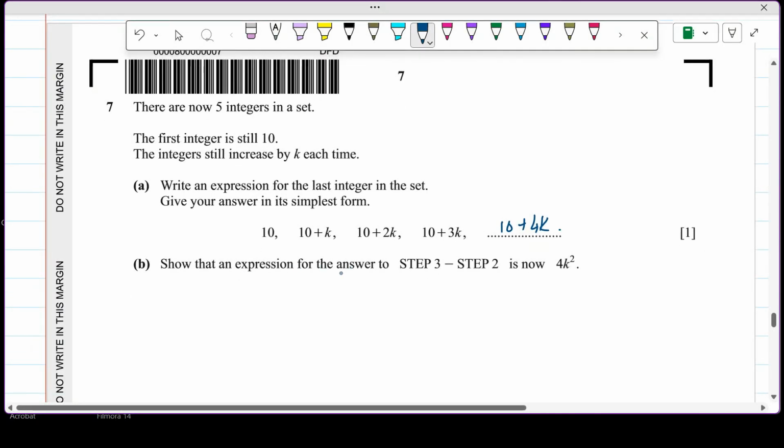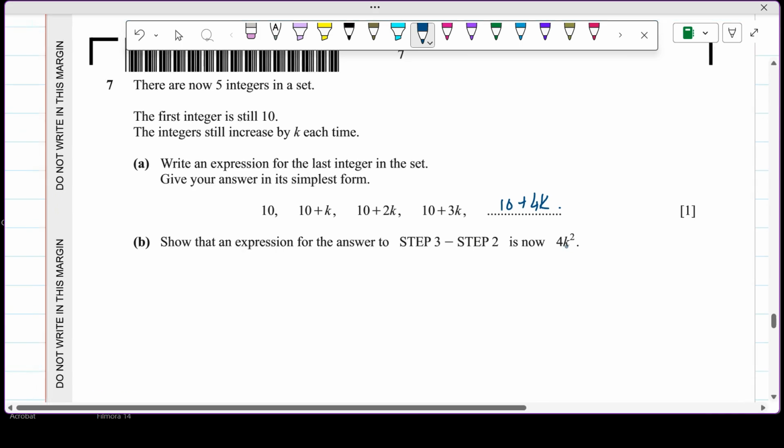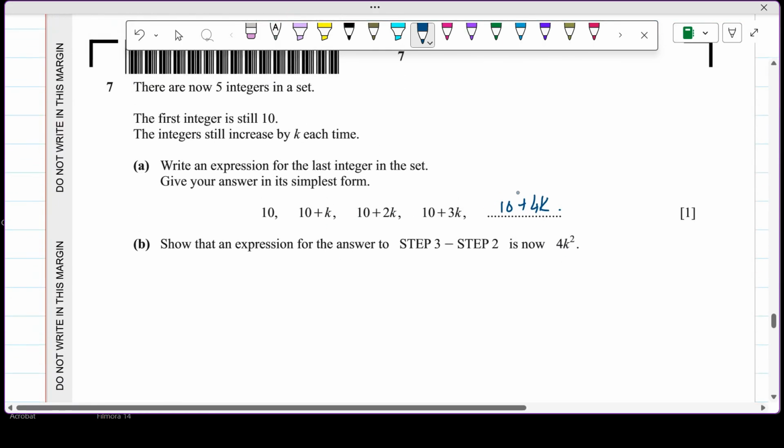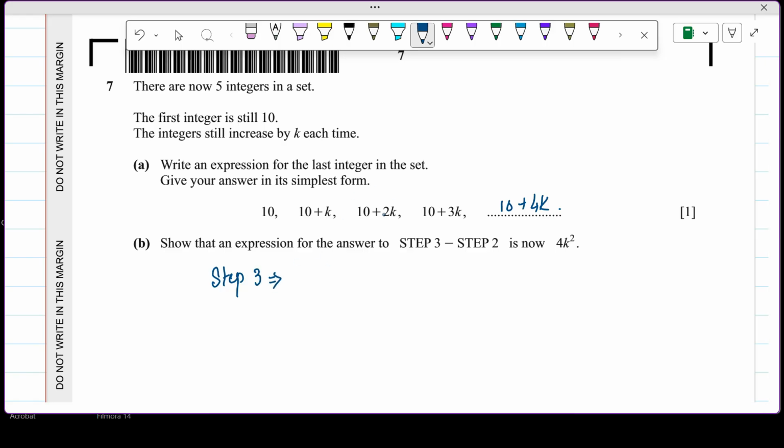Show that the expression, answer to step 3 minus step 2, is now 4k squared. We know that step 3 equals the square of the middle term, and the middle term in this case is 10 plus 2k.